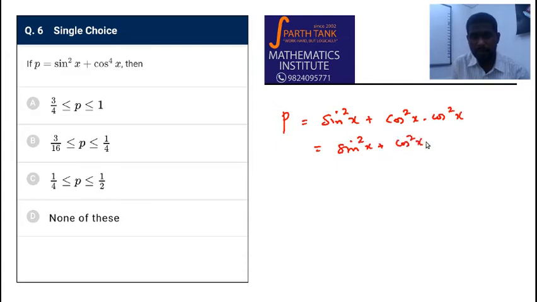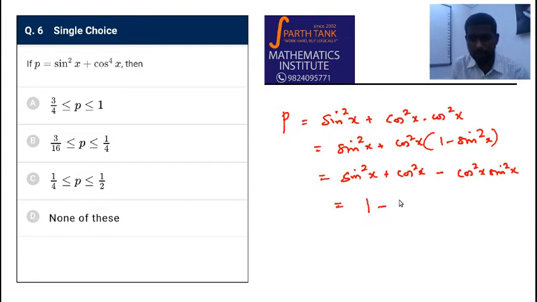This is 1 minus sine squared x. So this becomes sine squared x plus cos squared x minus cos squared x sine squared x, or this is 1 minus cos squared x sine squared x.